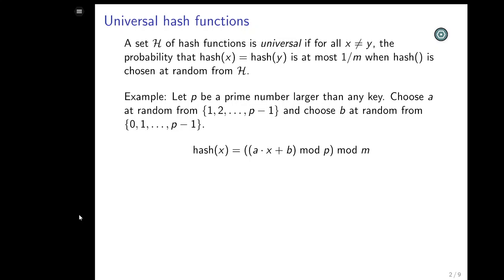What's the probability the second key is going to get hashed into that location? 1 out of m. So we're looking to make that be true for every pair, for any particular pair x and y. You fix that pair. If you draw a hash function at random, it will keep those two separate except with probability 1 over m. At most 1 over m.